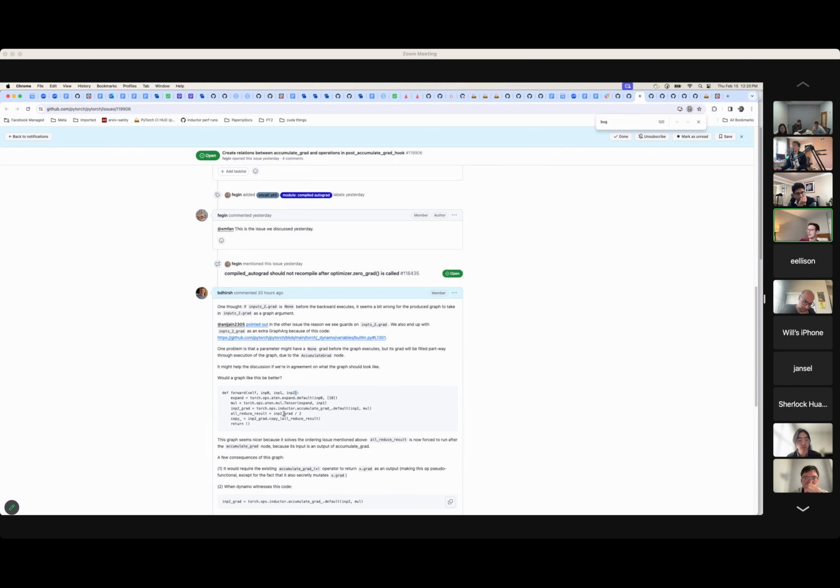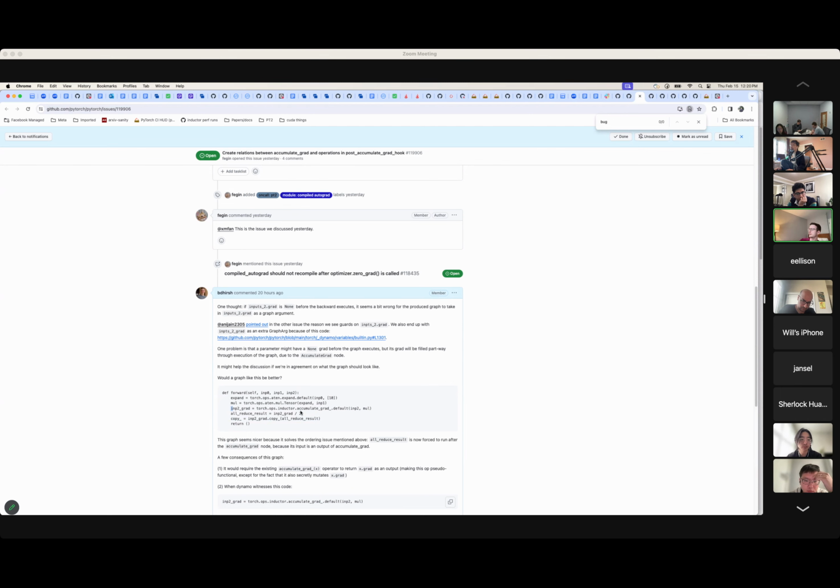The second is that there is now this dependency relationship between the stuff in the hook that uses the parameter's grad and the result of running accumulate grad. The way that's set up in this particular graph is that it requires accumulate grad to return the updated grad field as its output, which is pseudo functional.